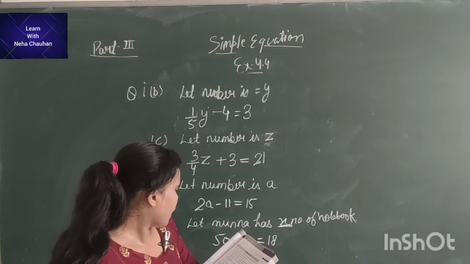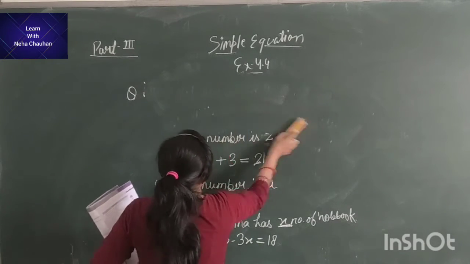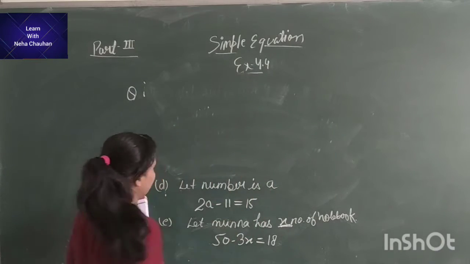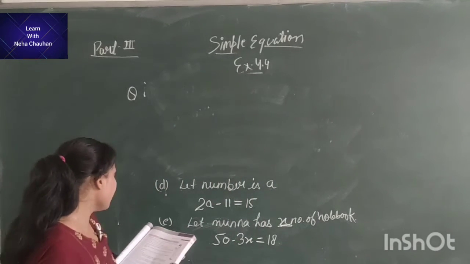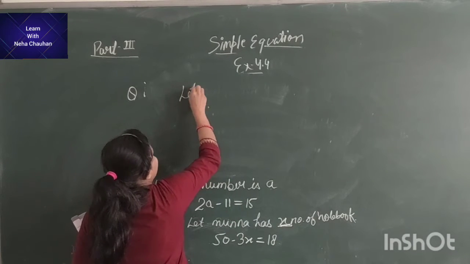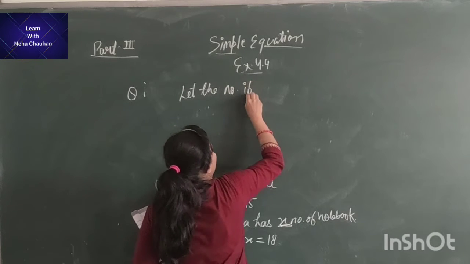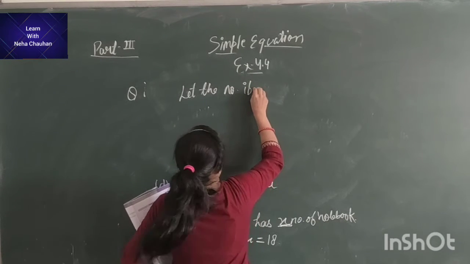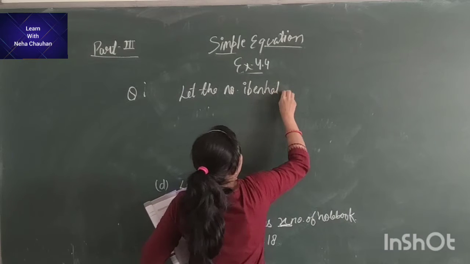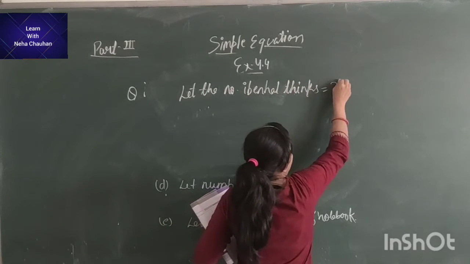Next is Ibn-e-Hal. Let's do F part. Ibn-e-Hal thinks of a number. Suppose the number Ibn-e-Hal thinks of is x.